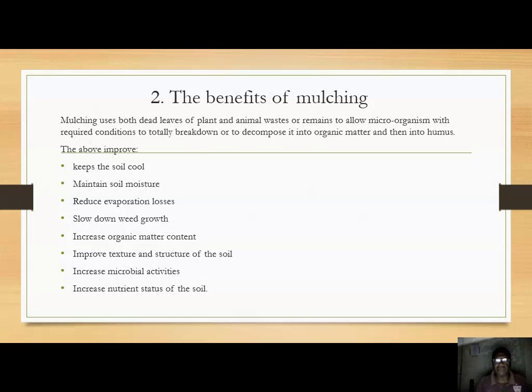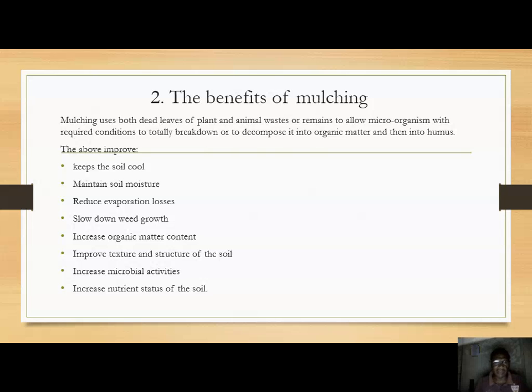Question number 2, the benefits of mulching. What are the benefits or advantages of mulching, or what are the goodness that we can get out of the process of mulching? Number 1, it keeps the soil cool. Secondly, it maintains soil moisture.